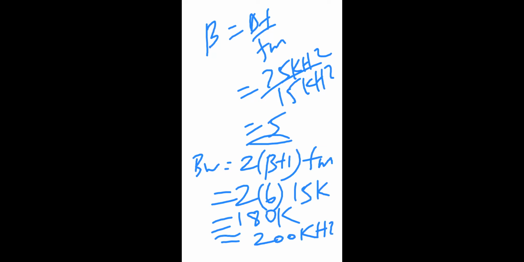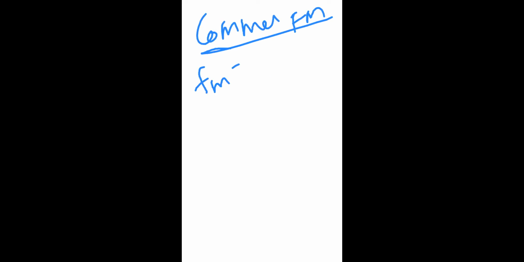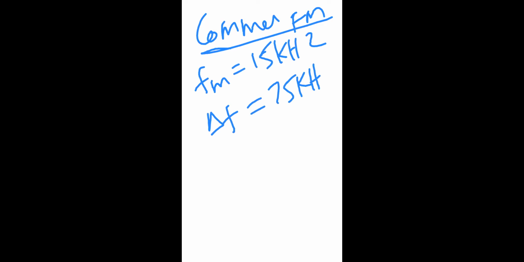So finally, what is the observation for commercial FM? You should always know these values. For commercial FM, the maximum message frequency is 15 kilohertz. Frequency deviation is 75 kilohertz. Modulation index is 5.